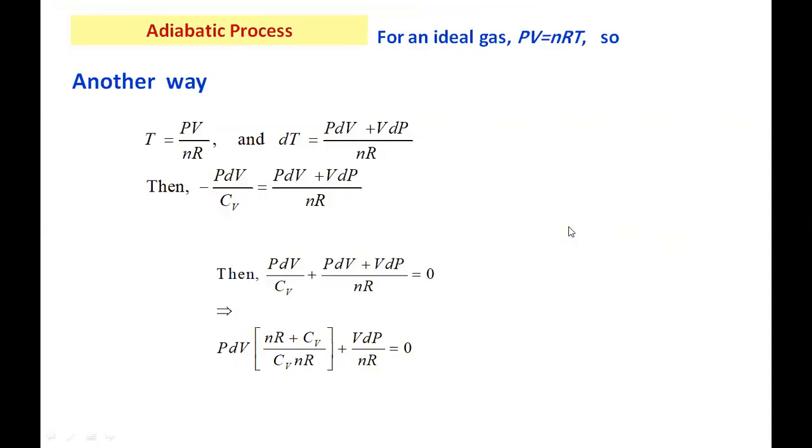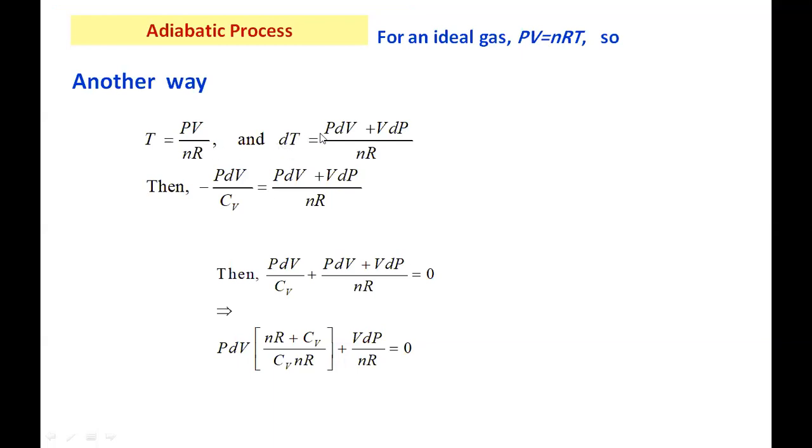Okay. Maybe we can use another way to derive the adiabatic process for an ideal gas: PV equals nRT. So another way for the temperature: PV over nR equals T. If we want to differentiate dT, we have two variables, because the pressure and the volume are variable, not constant.